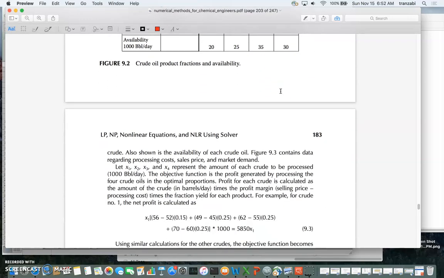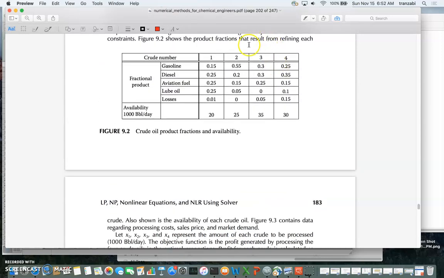First, we have to find the cost for each product, right? So let's say I'm assuming we have x1 barrels of product 1, x2 barrels of product 2, x3 barrels of product 3, and x4 barrels of product 4.